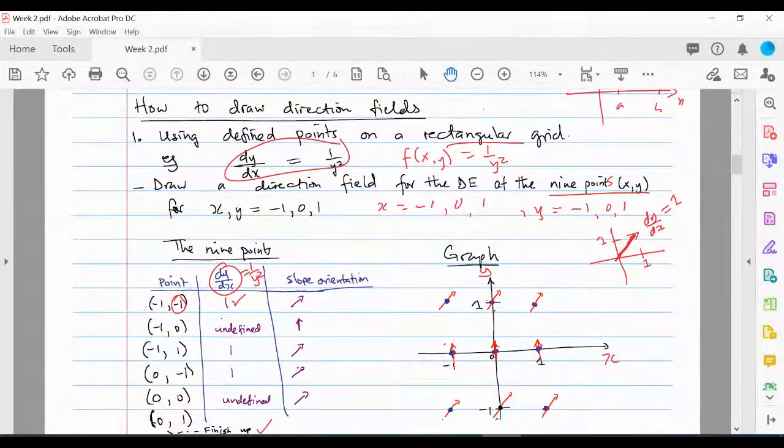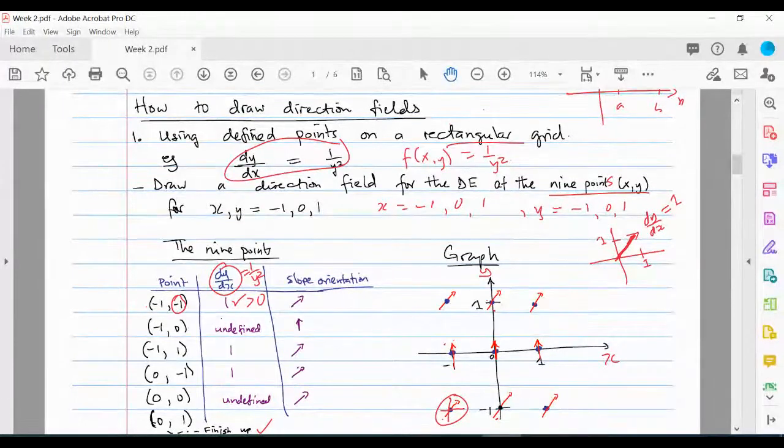So we go to the point (-1, -1), and our orientation, you can see, assume you had drawn perpendicular lines there, and then you draw a line that is 45 degrees, dividing that angle into 2, then you have your orientation. Because this is positive, positive orientations will move from left to right, from bottom left to top right.